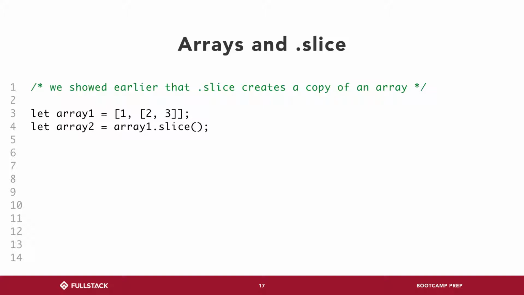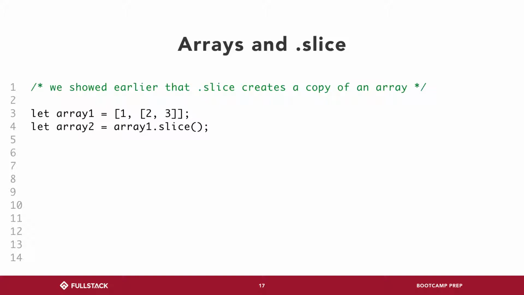Still pointing at 2. Exactly. That's the trick here. Slice is only giving us a copy of the first layer. So this was a value, it was value 1. This was a value, it says memory address. I'm just going to copy that. I'm just going to steal that. I'm going to do the same exact thing and put it down here.